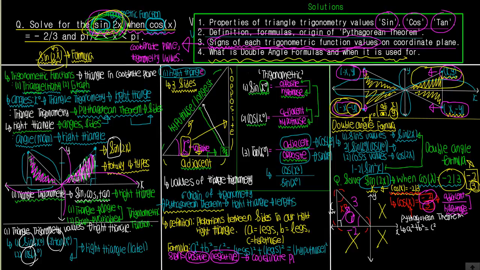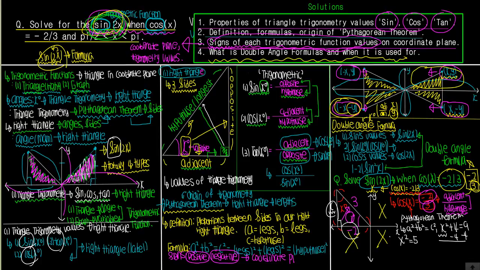What was the a value? We can just set any of them. I will set it as x, which means x squared plus another side, negative 2 squared, which is 4, should be equal to our 3 squared, which is 9. In order to solve for x squared, all we have to do to isolate it is subtract 4 from both sides, and we'll get x squared is equal to 5.